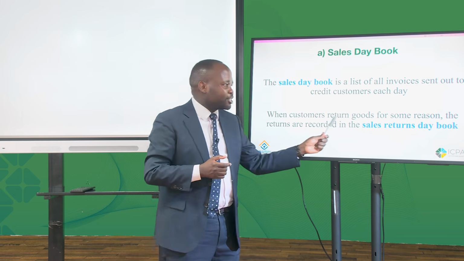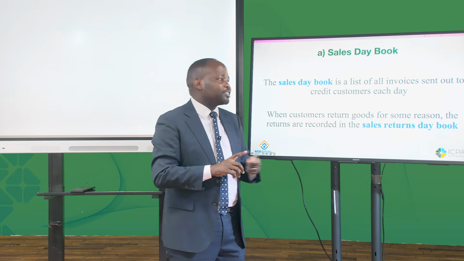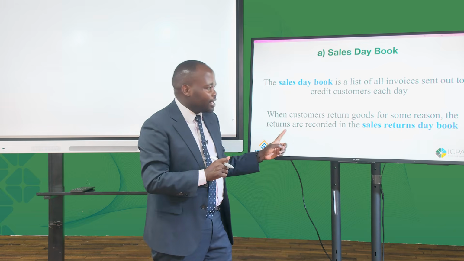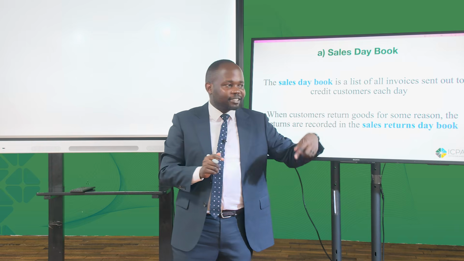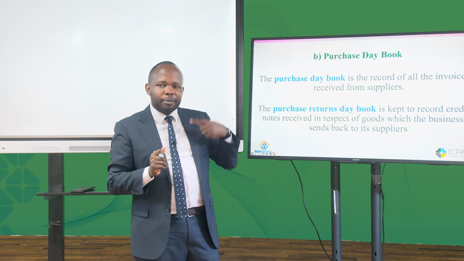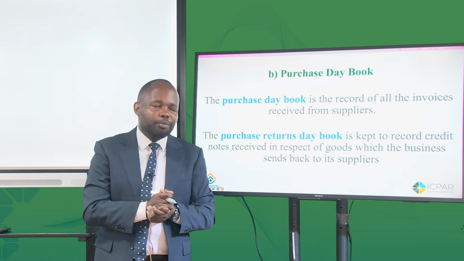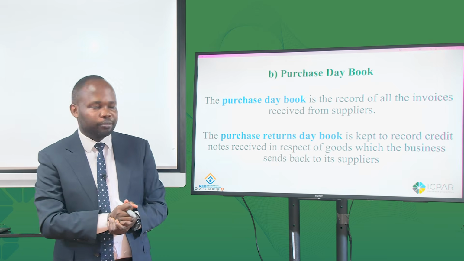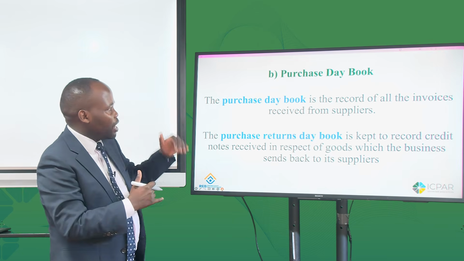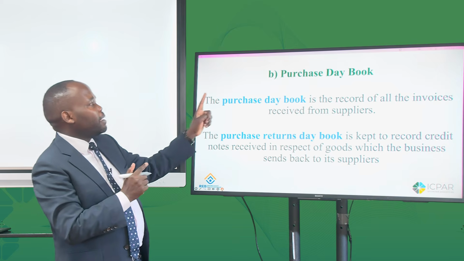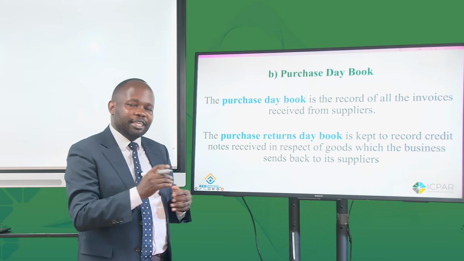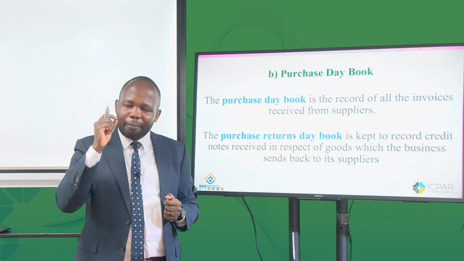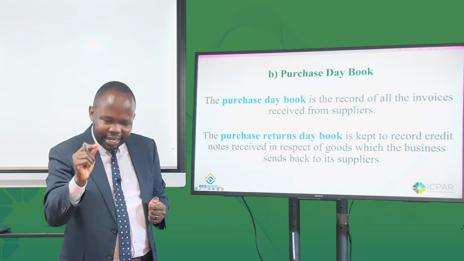When customers return goods for some reason, the returns are recorded in a sales return day book. The second day book is known as the purchase day book, or the third, depending on how you look at it. In the purchase day book, we record all purchases on credit.